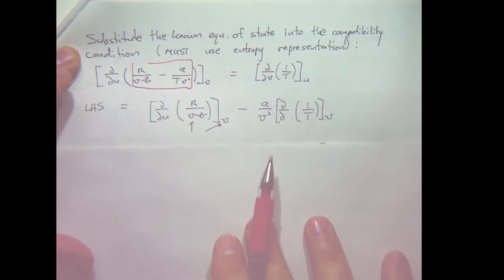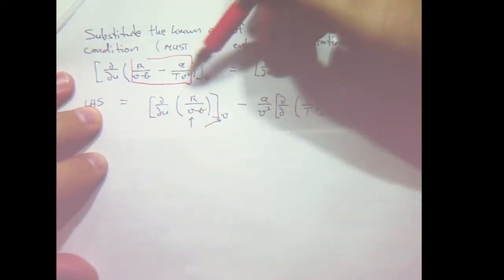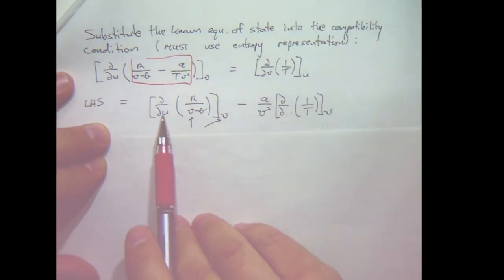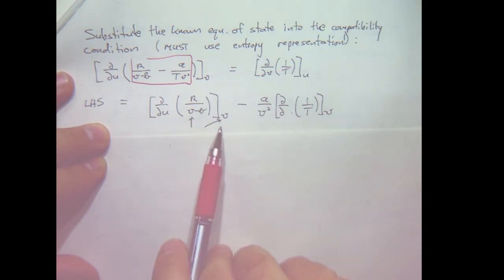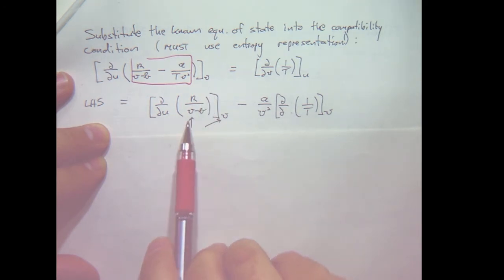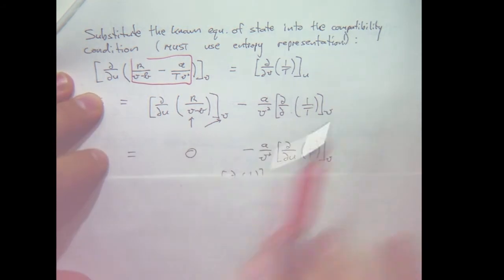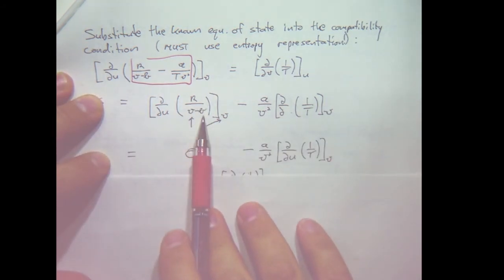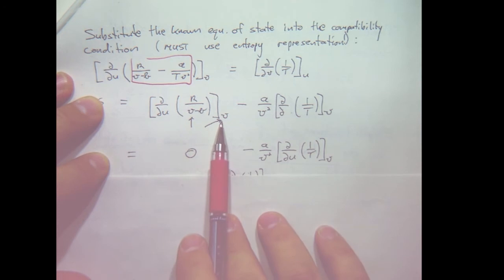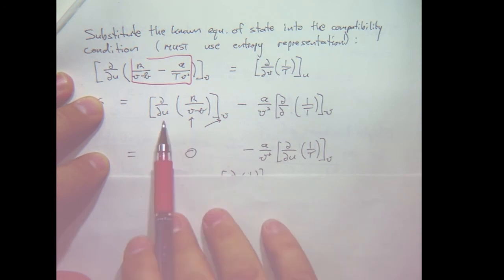Now look at the left-hand side. What's d by du of that when v is held constant? 0. R is a constant, b is a constant, v is held constant, and it's independent of u anyway. So that's 0.